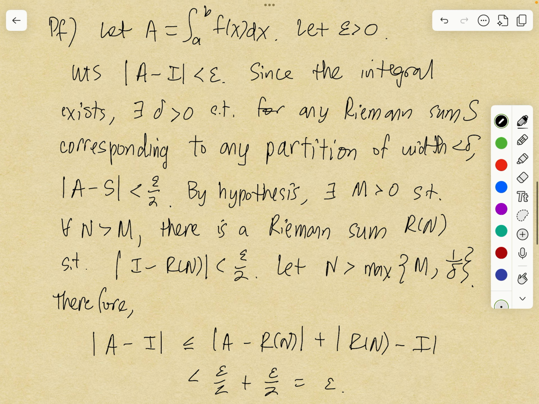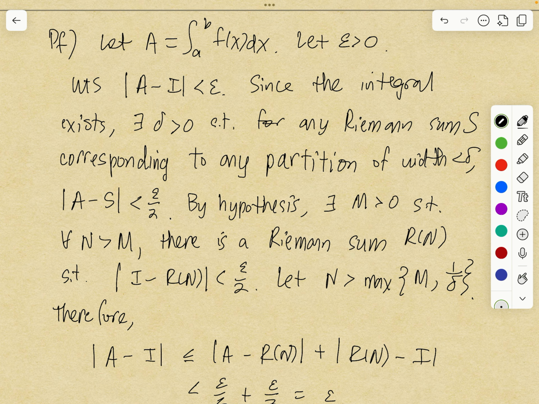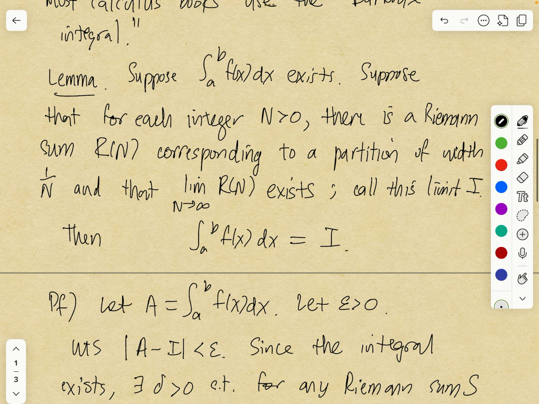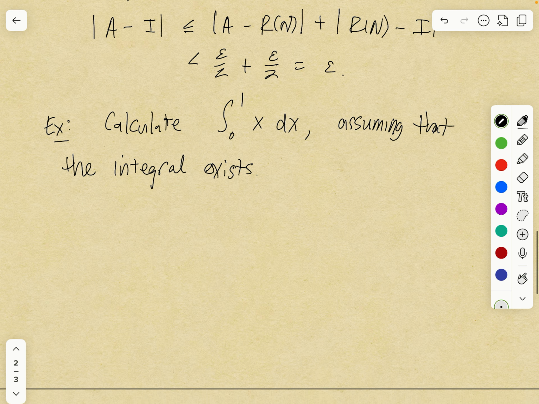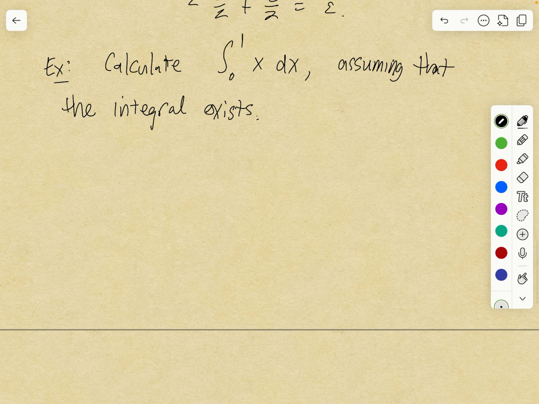Well, by the lemma, we just need to construct, for every positive integer n, a Riemann sum of width less than 1 over n, and then take the limit as n goes to infinity. So here we have 0, and here's 1, and here's x.